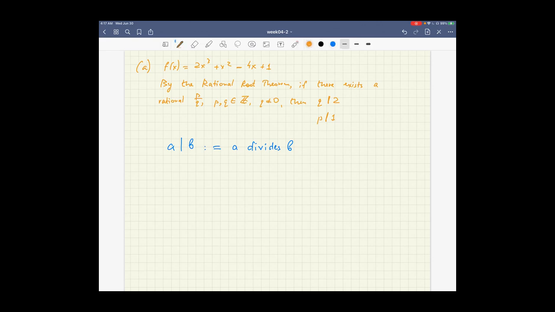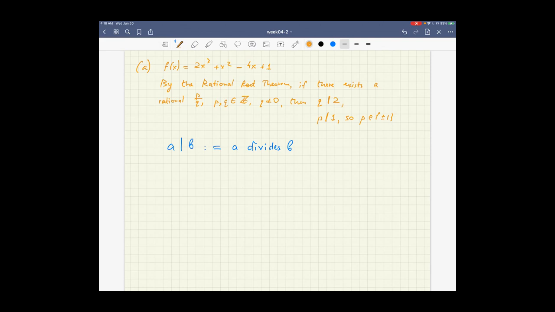All right. What can we say about p and q knowing that p divides 1 and q divides 2? Well, the only numbers dividing 1 are 1 and -1. So it follows that p is either 1 or -1.